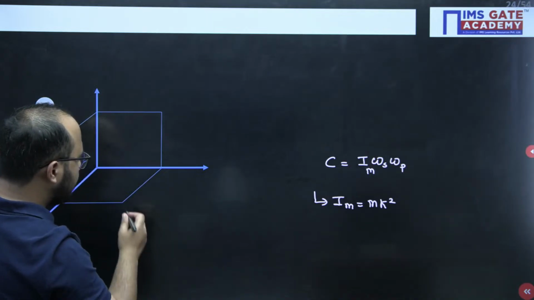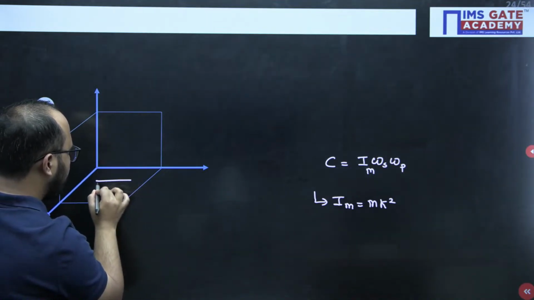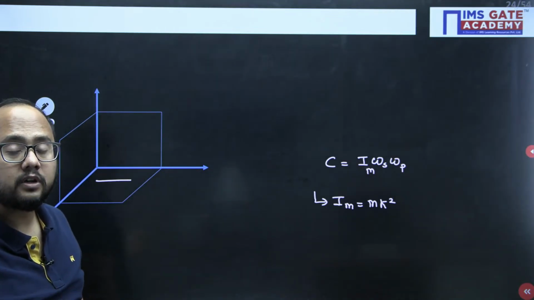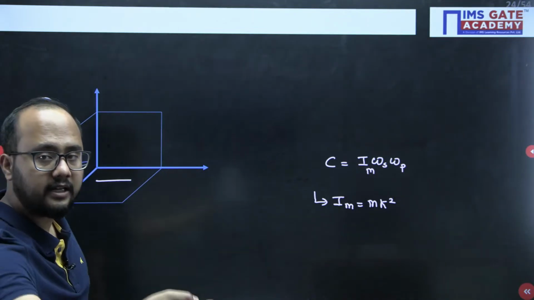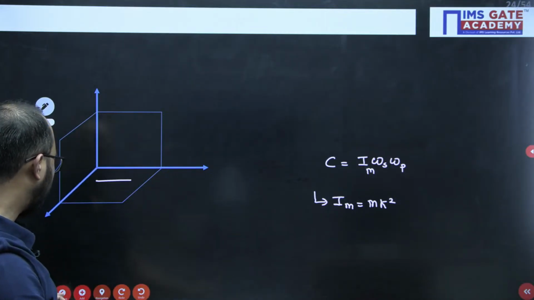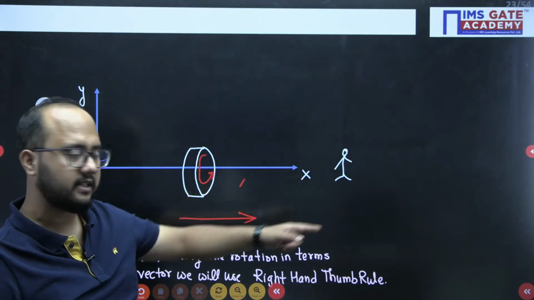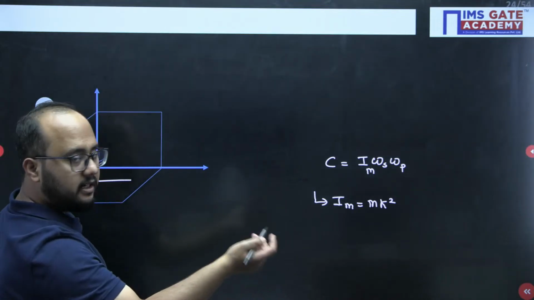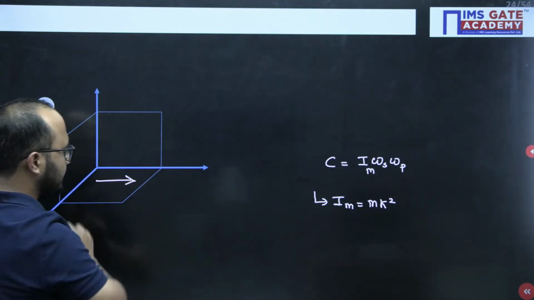Let's suppose there is a shaft here in the horizontal plane, and it is rotating anti-clockwise from the right hand side. In the previous case I told you, anti-clockwise from the right hand side. So its rotation vector will be drawn like this.